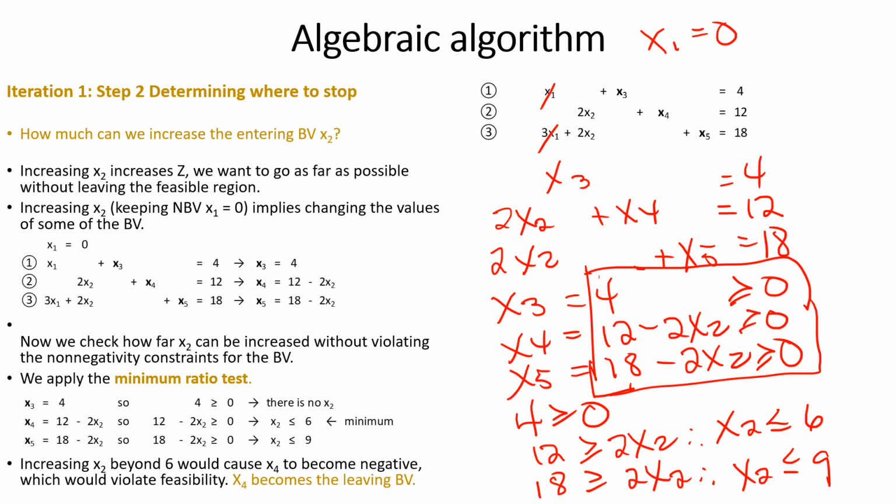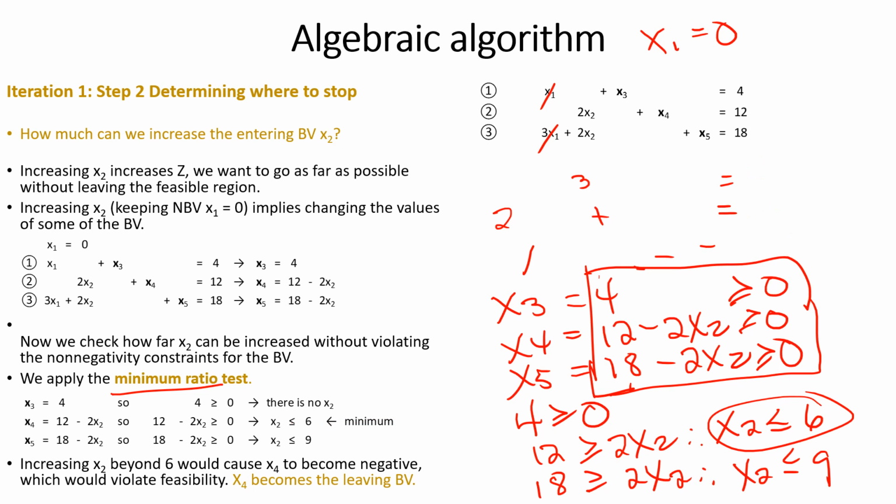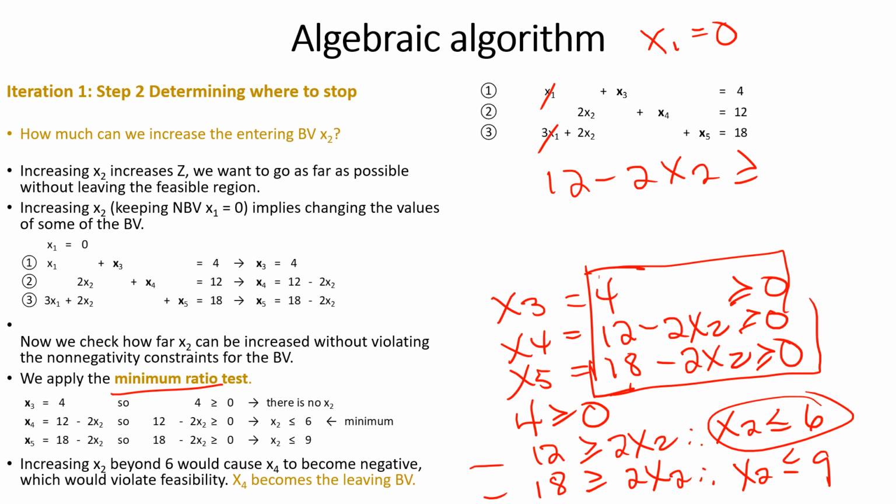At this point, as the minimum ratio test, we're going to stay with the minimum value. That means 6. Okay? Why? Let me demonstrate why. If I take the restrictions I just have over here, this one, 12 minus 2x2 greater or equal to 6.